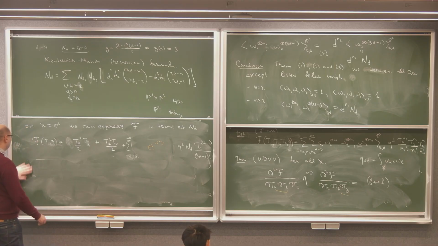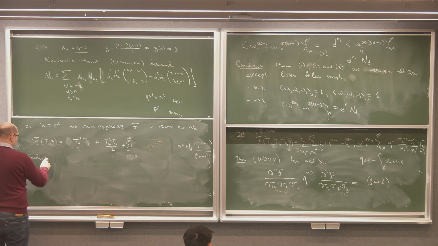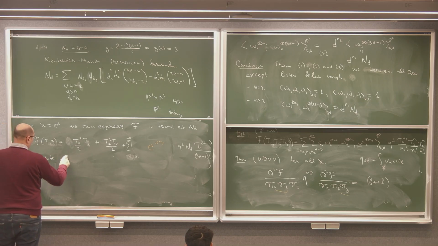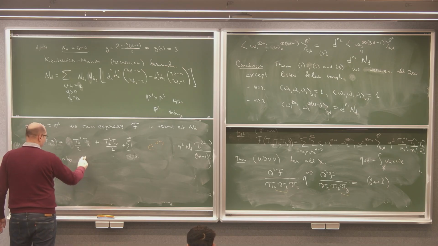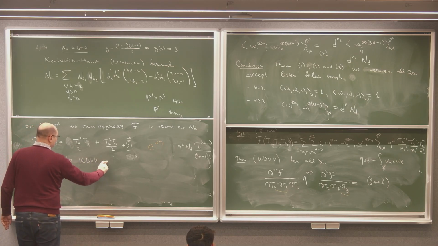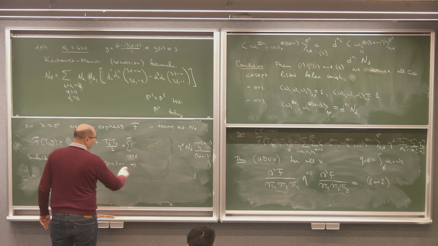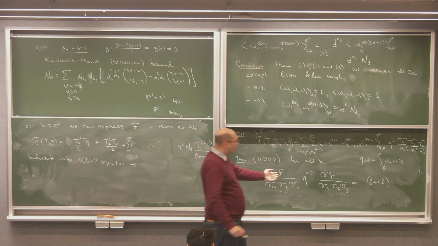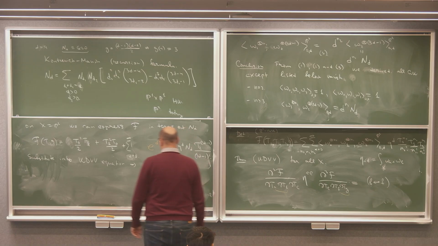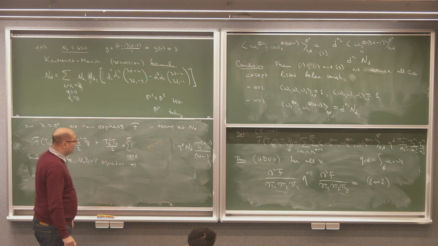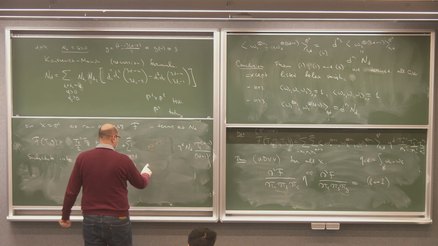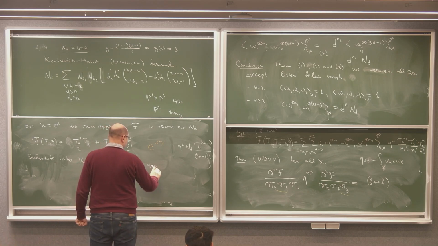And then if we substitute this expansion into the WDVV equation, what will we get? The WDVV equation is quadratic in the derivatives of f, so that will give us quadratic relations on N_d.